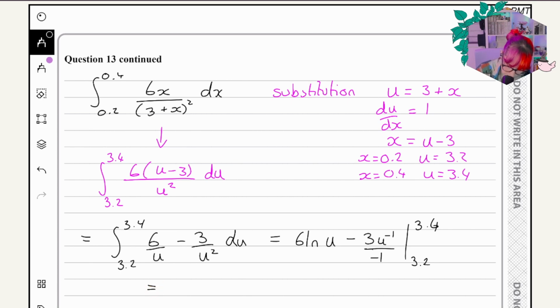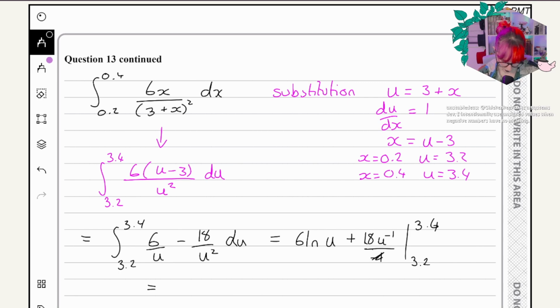So what we get, sorry, I should have put the 6 inside the thing here. So that actually becomes 18. And then the minus 1 cancels with the minus, so it becomes plus.